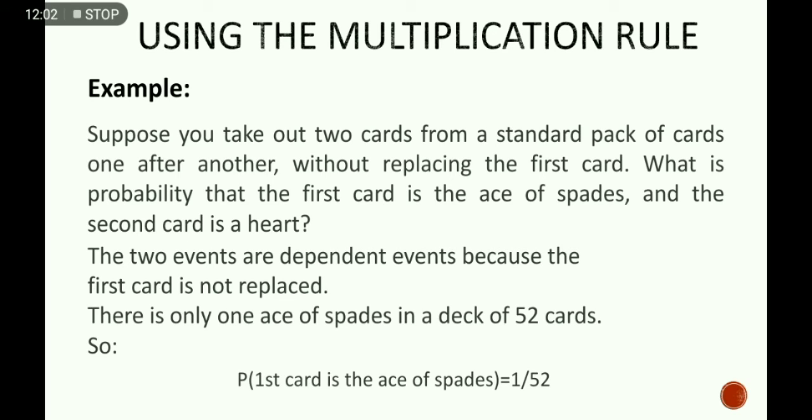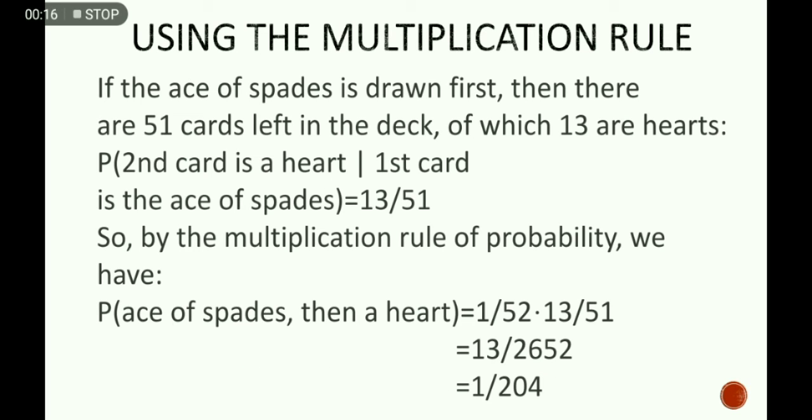Deck of 52 cards. And if the ace of spades is drawn first, then there are 51 cards left in the deck, of which 13 are hearts. So the probability of second card is a heart, given that first card is the ace of spades, equals to 13/51. So over 51 na lang siya kasi nga na-draw na natin kanina yung ace of spades. Kaya over 51 na lang siya.